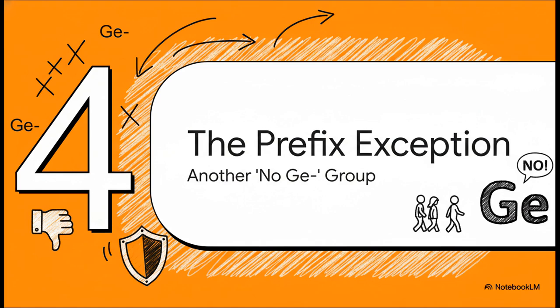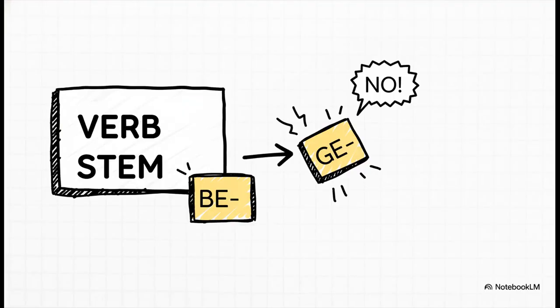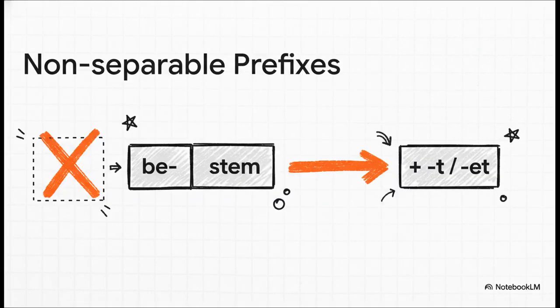So the -ieren verbs aren't the only ones that don't like the ge- prefix. There's actually one more group that follows that same no-ge idea, but for a totally different reason. The logic here makes total sense, really. It's that adding another prefix would just be, well, redundant. This rule applies to verbs that already have their own built-in prefix that you can't separate. So if you see a verb that starts with an unstressed prefix like be-, er-, or ver-, that's your signal.